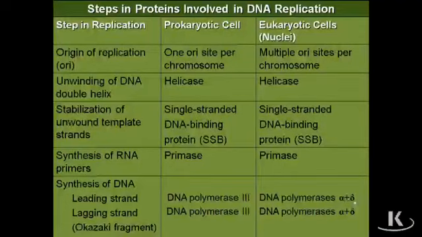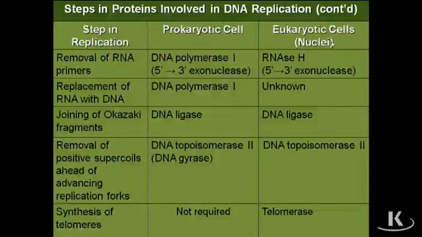In eukaryotes, the DNA replication is accomplished through DNA polymerases alpha and delta. And actually, there's a little bit of controversy over which types of DNA polymerases are involved here. I don't think it's extremely likely you'll be asked about specific isomers of eukaryotic DNA polymerase, but in case you are, what you would be asked about is DNA polymerases alpha and delta. Those are the ones that are involved in eukaryotic replication.